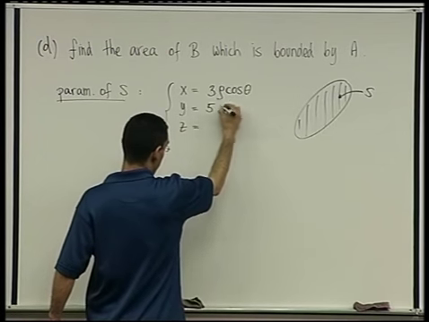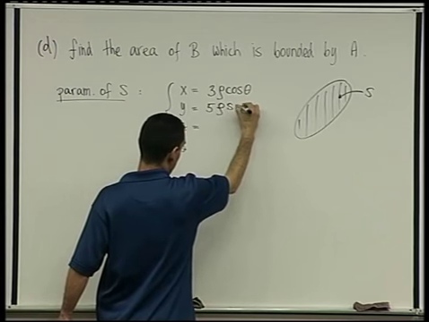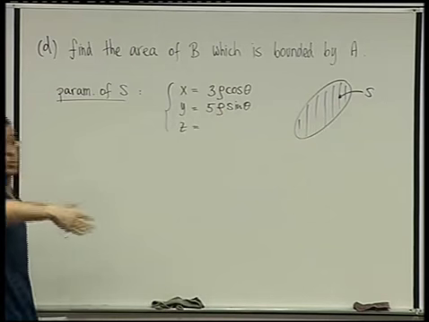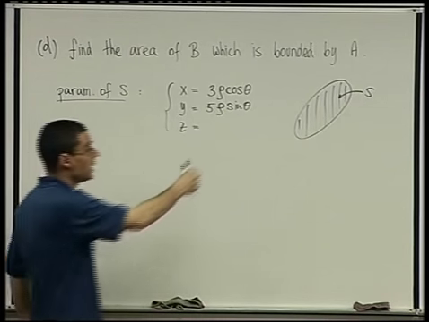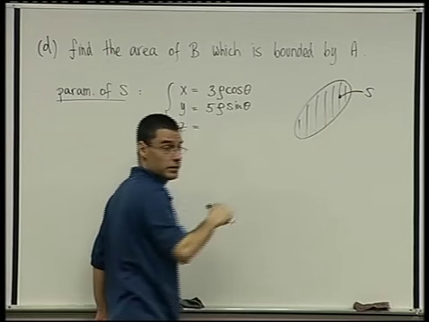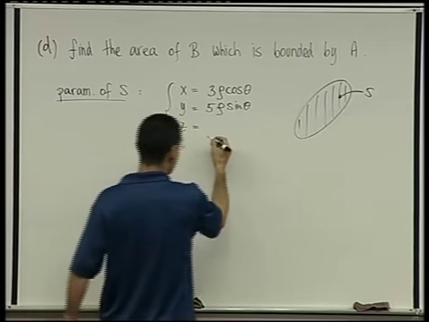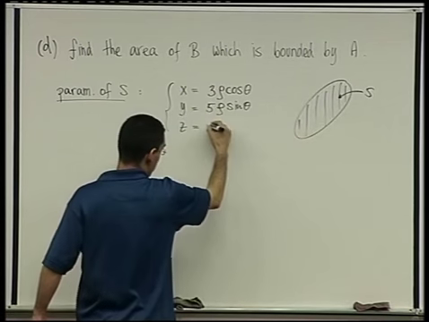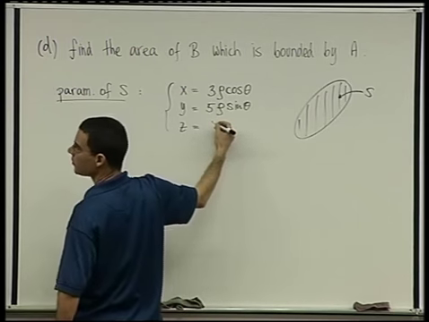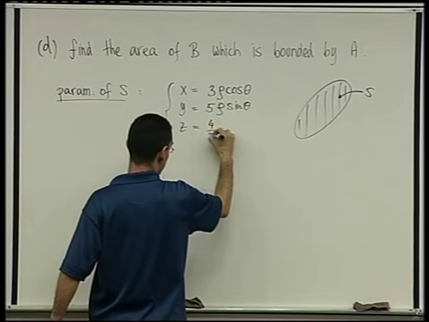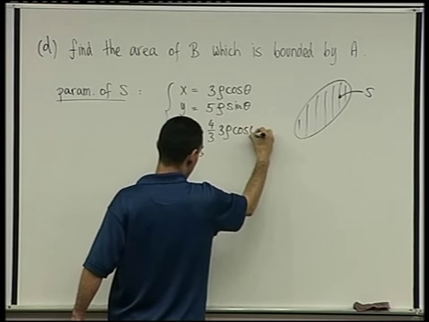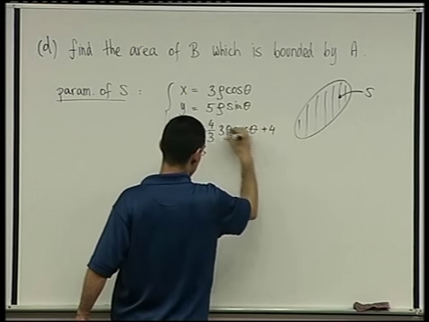Y is going to be 5 rho sine theta. Now I want the inside, so I'm allowing rho to range between 0 and 1, and that covers all the inside. And then z is going to be, again, sitting on this plane. So it's going to be, what was it? 4/3 x, 3 rho cosine theta, plus 4.